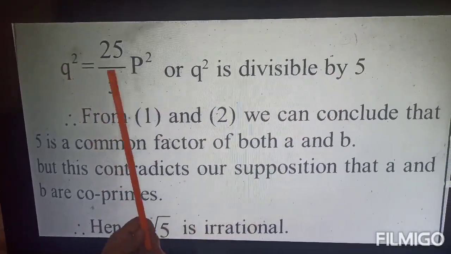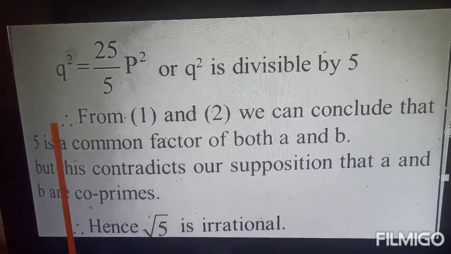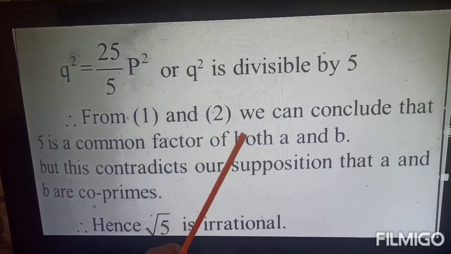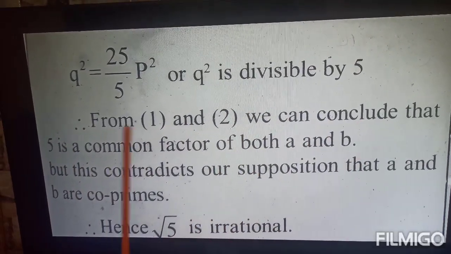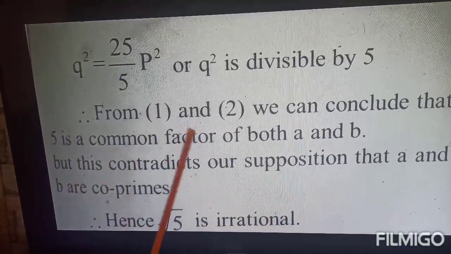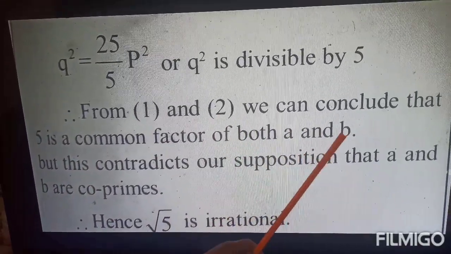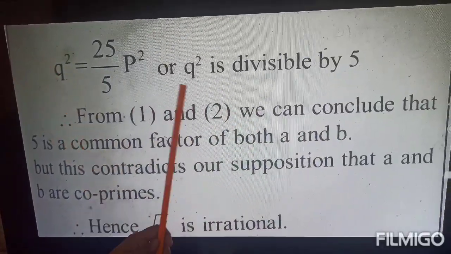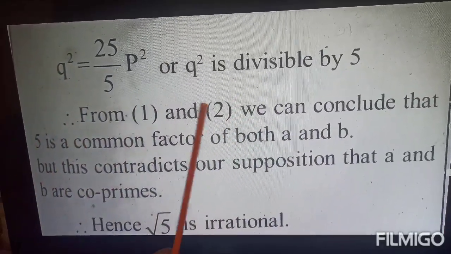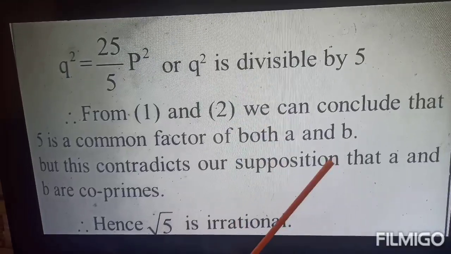This is equation 2. From 1 and 2, we can conclude that 5 is a common factor for both a and b, or p and q. Here we took p and q. Therefore, 5 is a common factor for p and q.